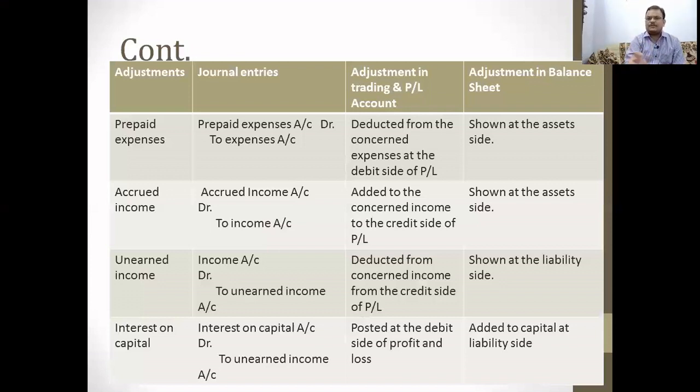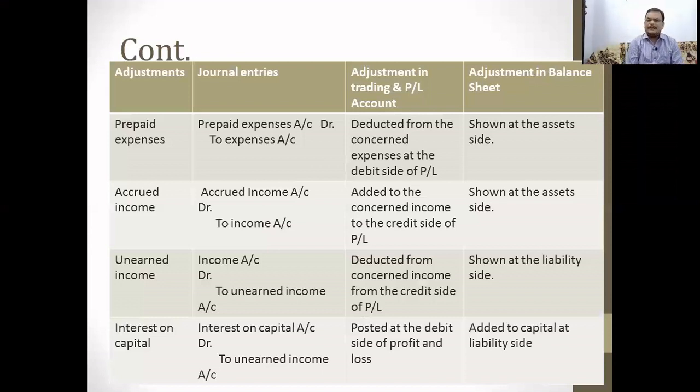So 5,000 plus 500, total salary is 5,500. And again we show at the asset side that particular 500 which is added as the prepaid salary in salary while showing in profit and loss account. That should be shown in asset side of balance sheet with the name of prepaid salary of 500 rupees.